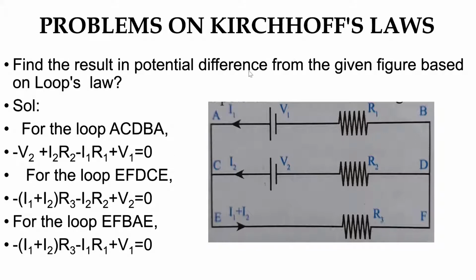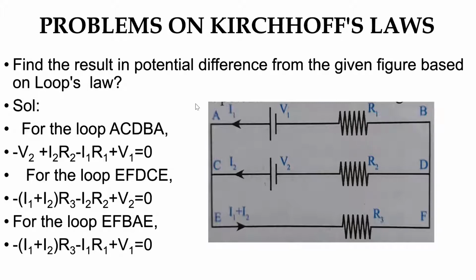Now if you check through R2, the potential difference across R2 is taken as positive because we are moving against the direction of electric current over here, whereas across R1, it is taken as negative. Why? Because we are moving along the direction of electric current.